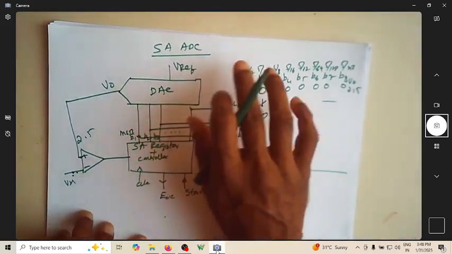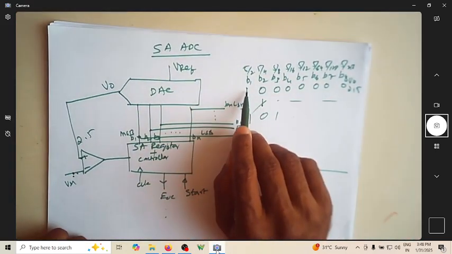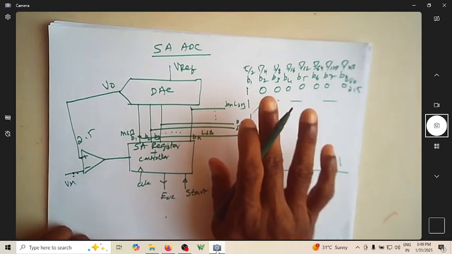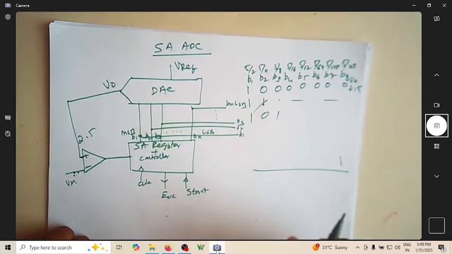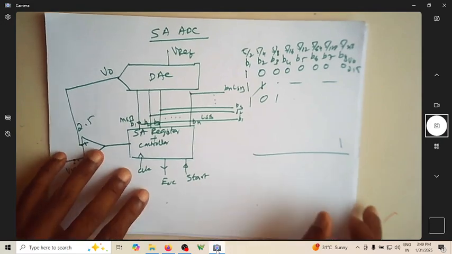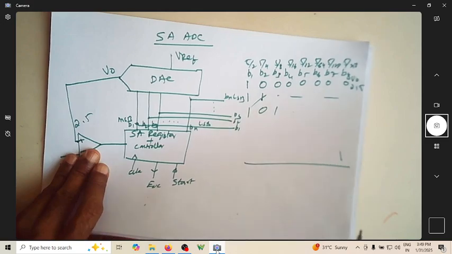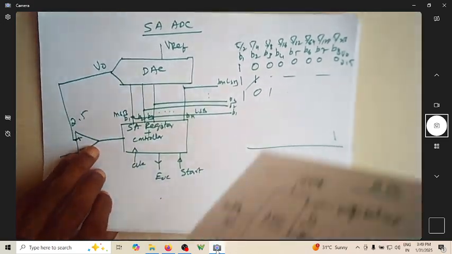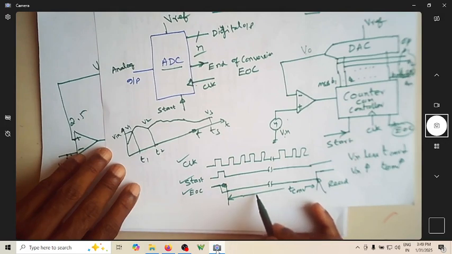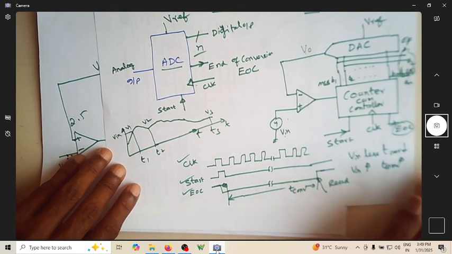Since you're going from the first bit till the last bit, the conversion time remains the same. Whereas in the previous DAC based ADC, conversion time depended on the amplitude of the input. If the amplitude was less, the conversion time was less.